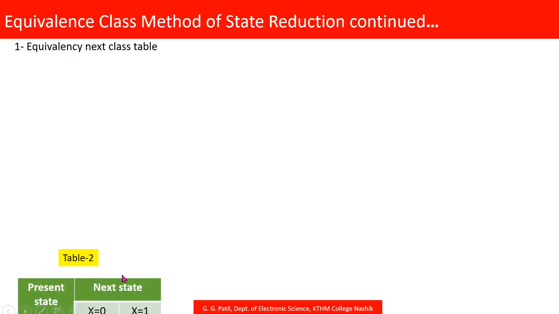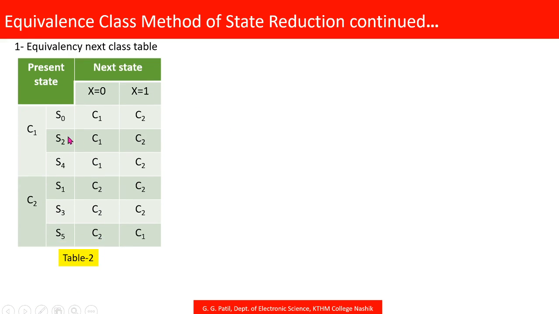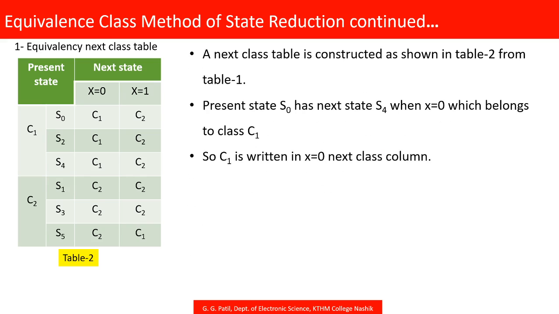That is what is given in this table. So S0, S2, S4 for input x equals 0 becomes C1, C1, C1, C2, C2, C2, and for the second group S1, S3, S5 it becomes C2, C2, C2, C2, C2, C1. Okay, that description is given here.